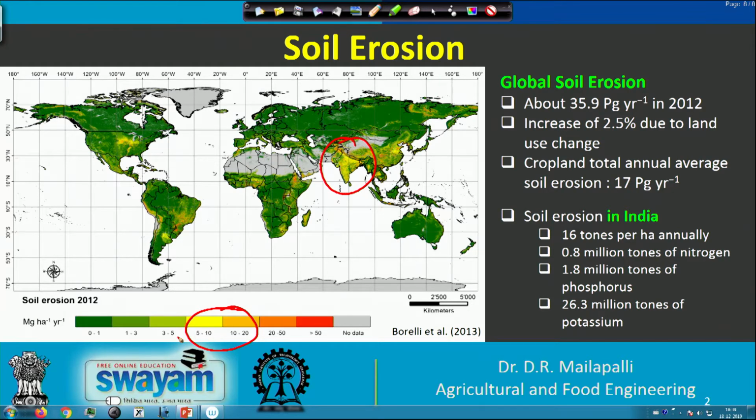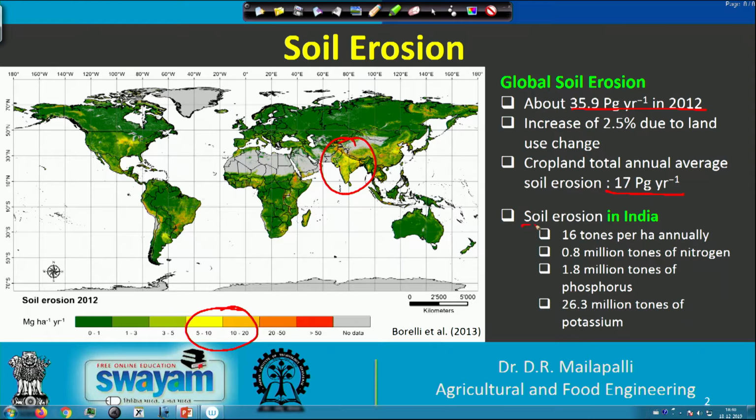Globally, about 35.9 petagram per year was estimated in 2012, which has increased by 2.5% since 2001. The cropland annual average soil erosion is about 17 petagram per year, so cropland is contributing almost 50% of soil erosion globally.